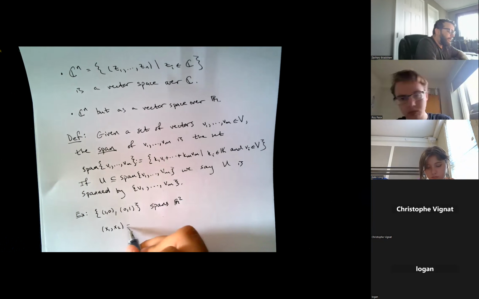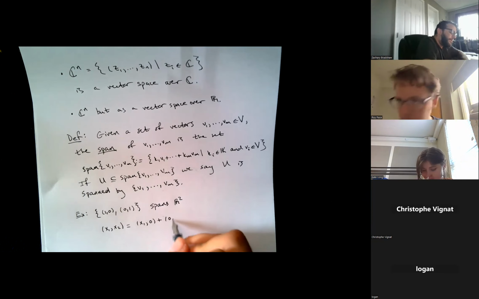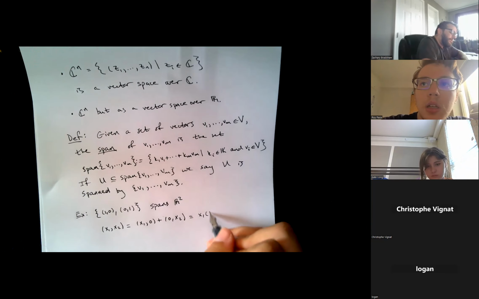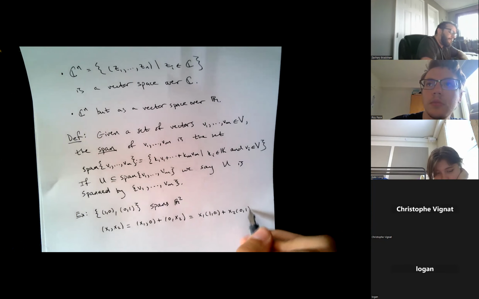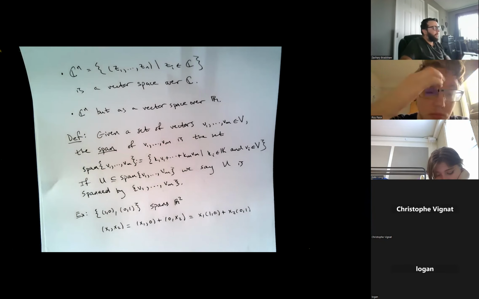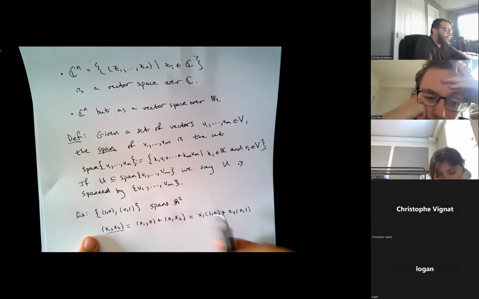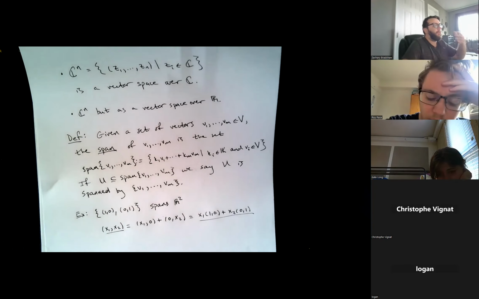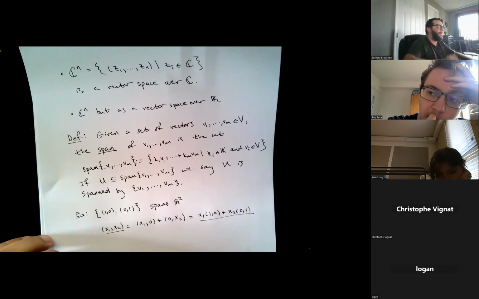And we can decompose this as (x1, 0) plus (0, x2), which is x1 times (1, 0) plus x2 times (0, 1). So an arbitrary element of R2 is now written as a linear combination of (1, 0) and (0, 1). Okay, great. So this thing spans R2.